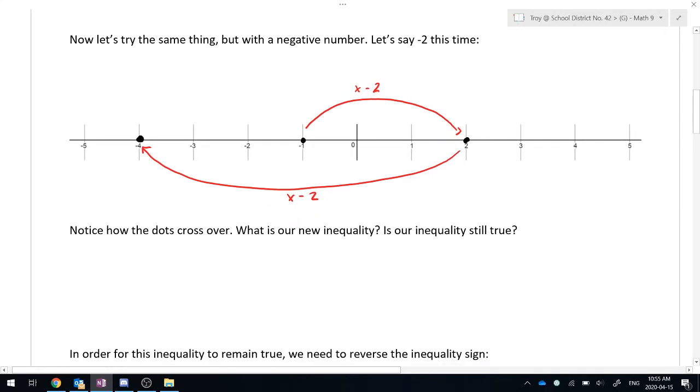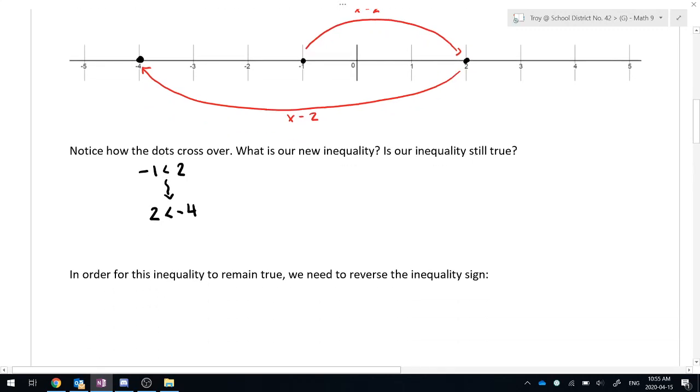So what that leaves us with now, our -1 is less than 2 became 2 is less than -4. So is this inequality still true? And no, it's not, right? -2 is not less than 4. We know that. So that's not true.